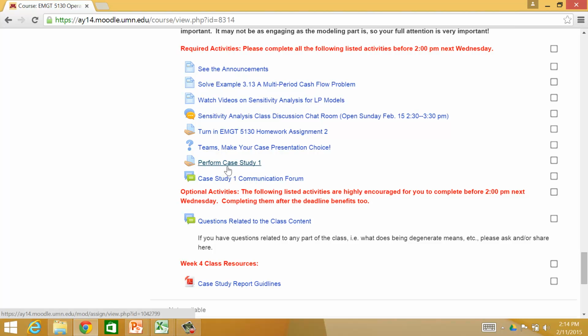And then after you meet, you decide on something, say, okay, Beckham is going to develop the model for this part, and Bashu is going to write the introduction of the report, and who's going to do that. You put the responsibility assignments in this forum too. Kind of like a brief meeting summary.